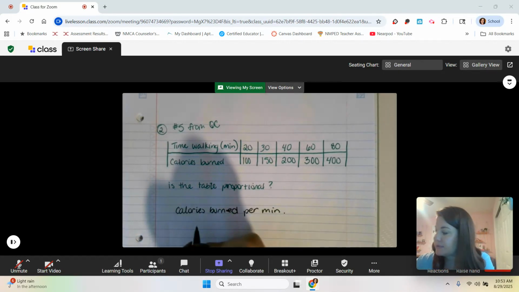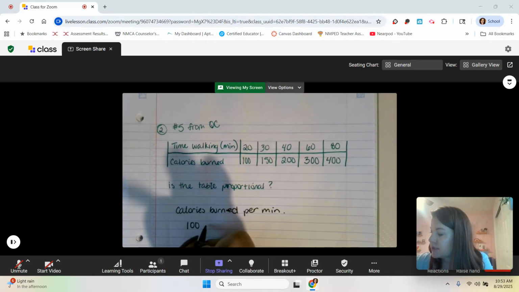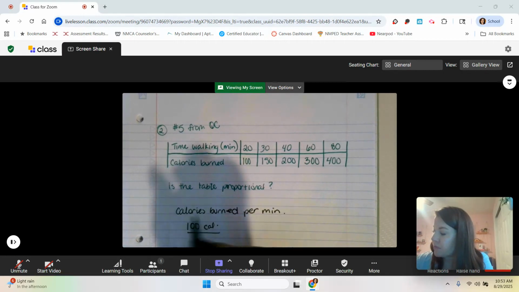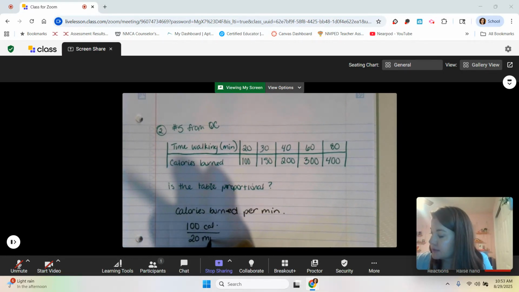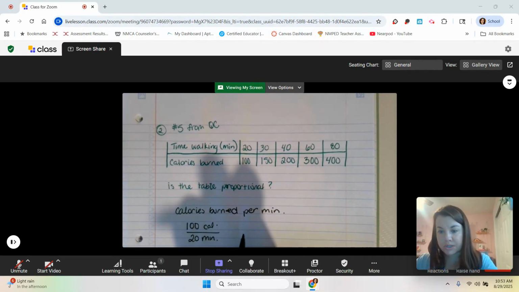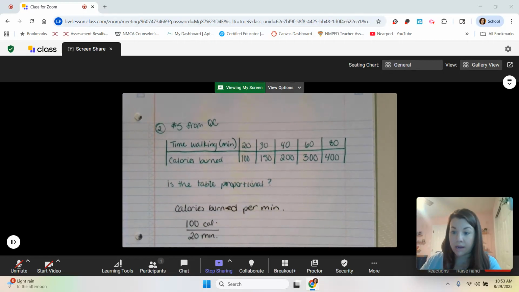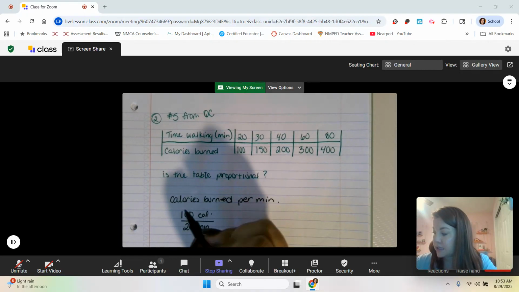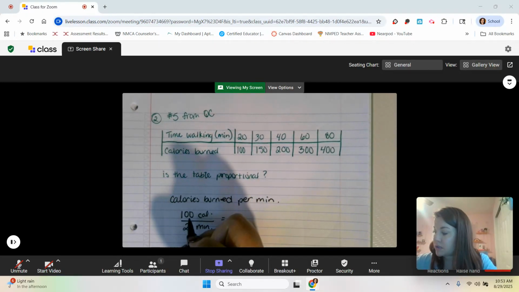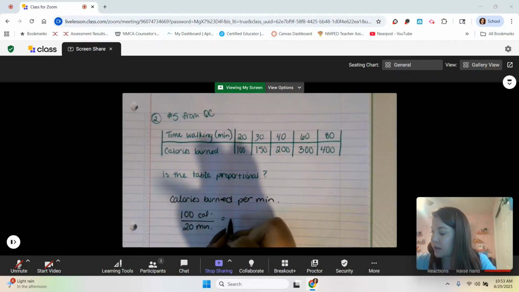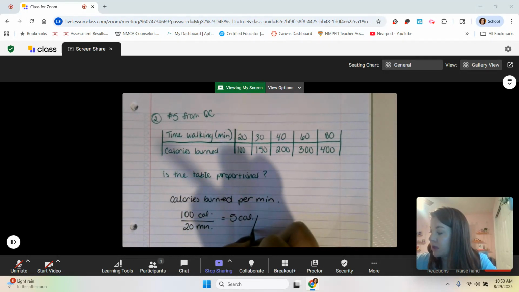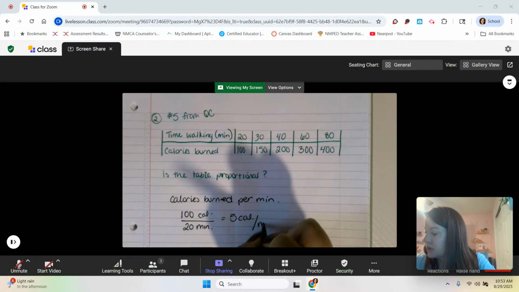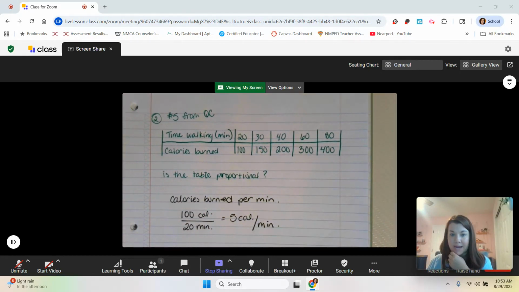So if this were the case, we could say there's 100 calories burned per 20 minutes, right? So in order to find the unit rate or the constant of proportionality, whatever you want to refer to it as, we could divide 100 by 20. Well, 100 divided by 20 is 5. So that unit rate is 5 calories per 1 minute.